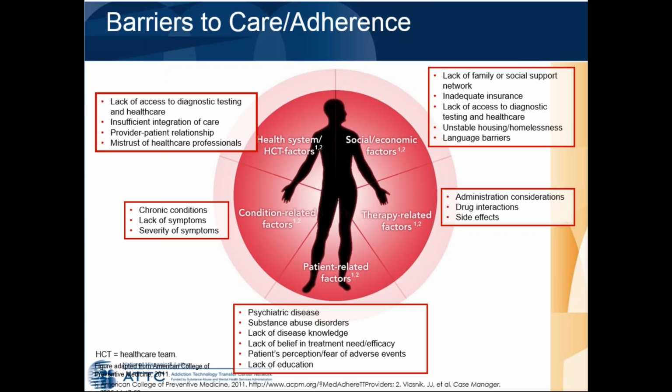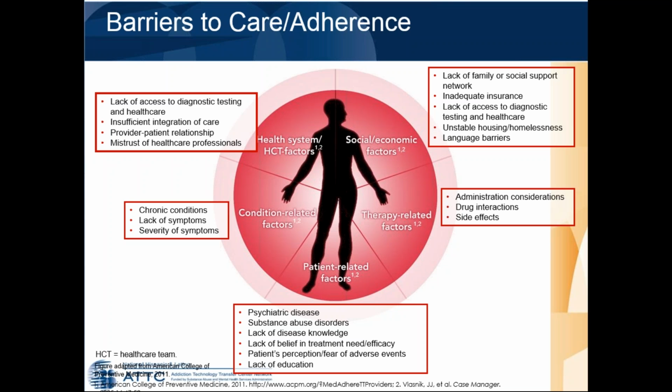And barriers to care and adherence, and this applies to minority populations, including Hispanics. And there is healthcare system factors, social economic factors, therapy-related factors, condition-related factors, and patient-related factors. And I will tell you the ones that I believe have a higher impact in terms of barriers to care.